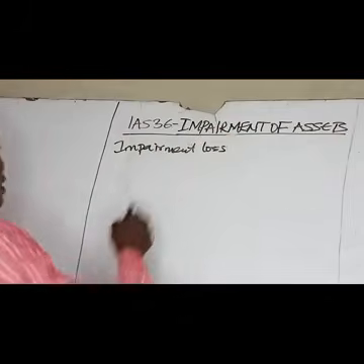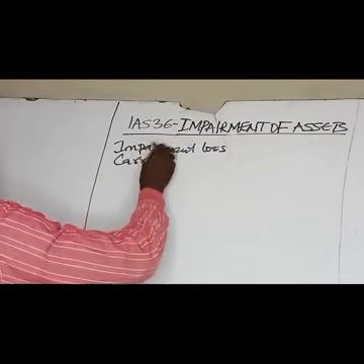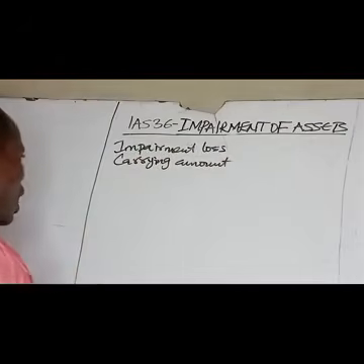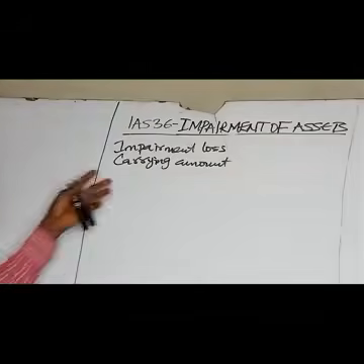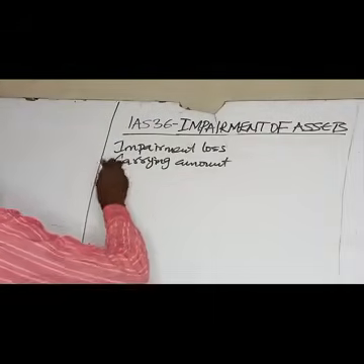I've explained the meaning of carrying amount: cost less accumulated depreciation and accumulated impairment, the amount at which an asset is recognized in the statement of financial position. I've equally explained the recoverable amount.